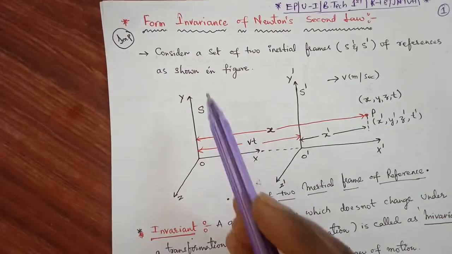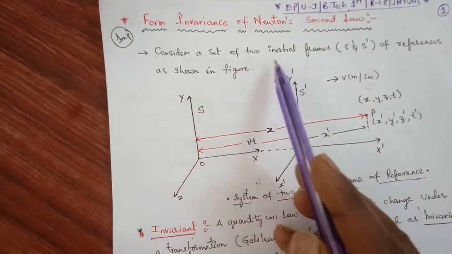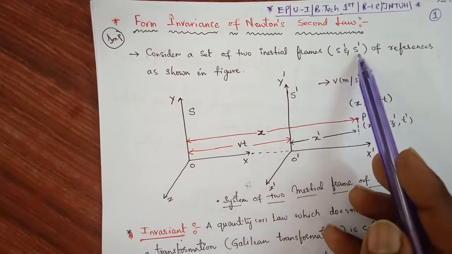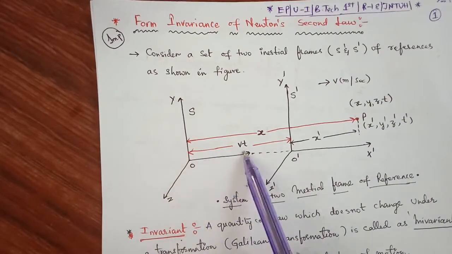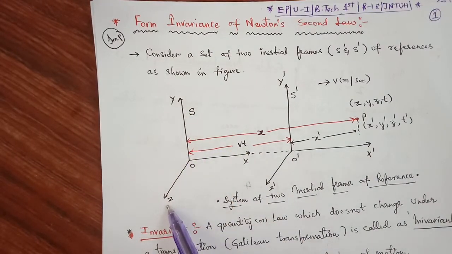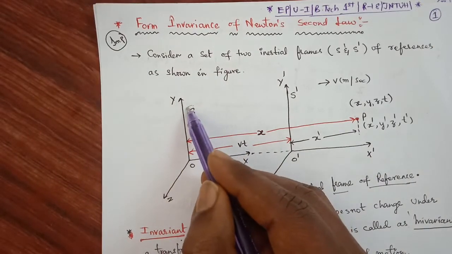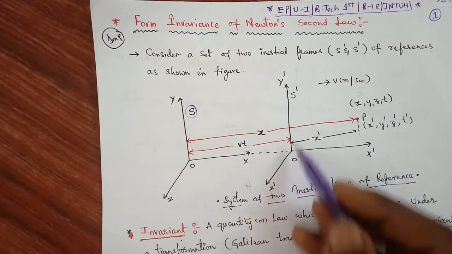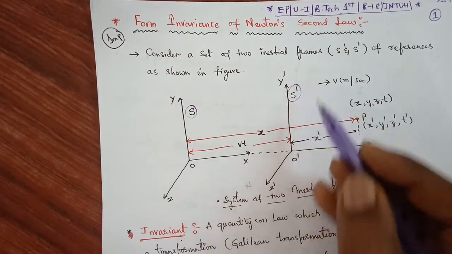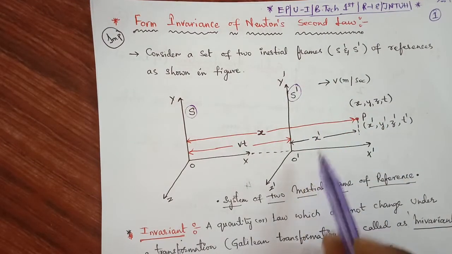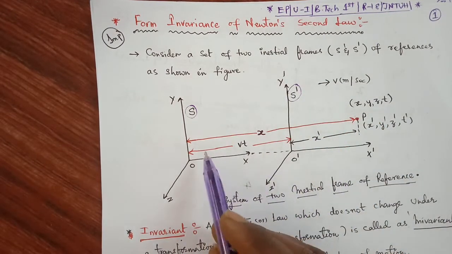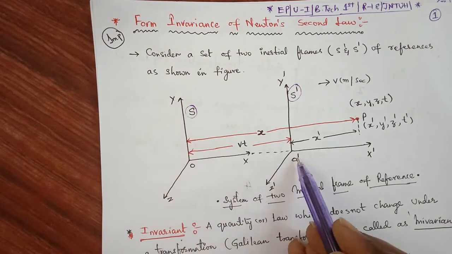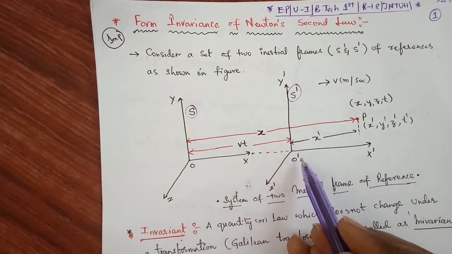Let us consider a set of two inertial frames, that is S and S dash. This is the x axis, y axis, z axis of the S frame, and x dash, y dash, z dash is the S dash frame. The S frame is moving towards the S dash frame.